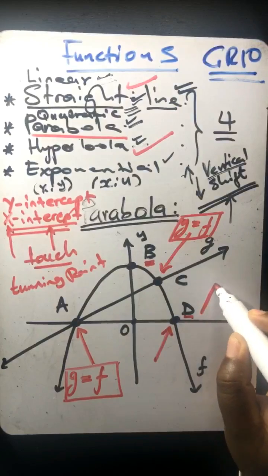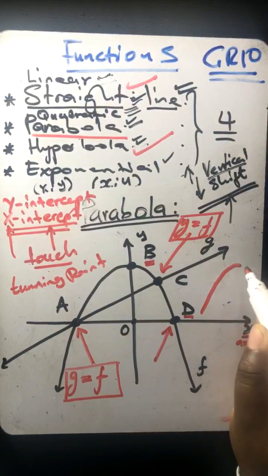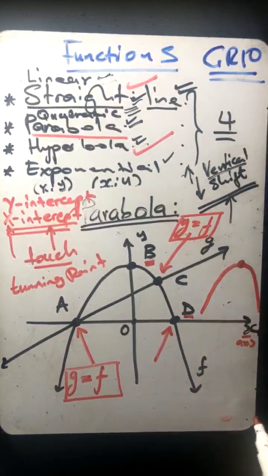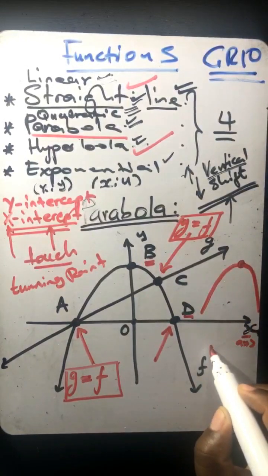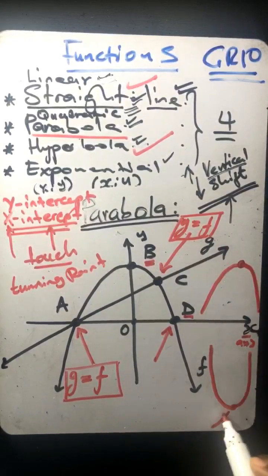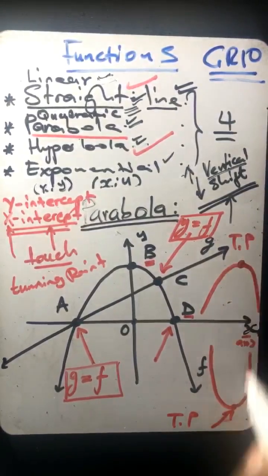It's going in the upward direction. Suddenly it's turning. So where it's making a turn, we call that the turning point because it turns in that direction. If it does this, suddenly it's making a turn, then it does that. This is the point that we call the turning point, TP.